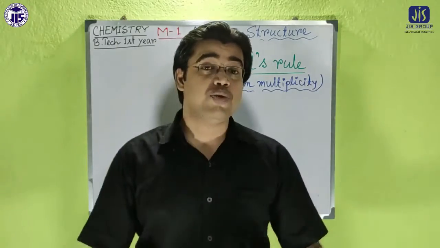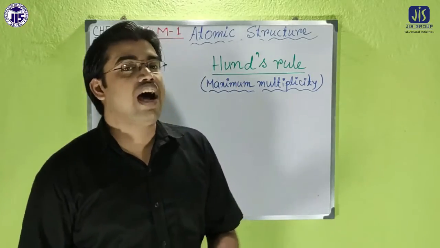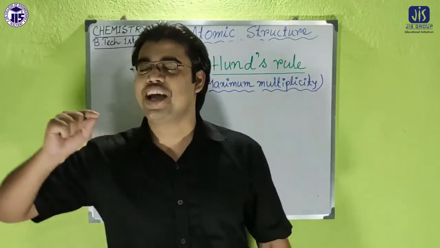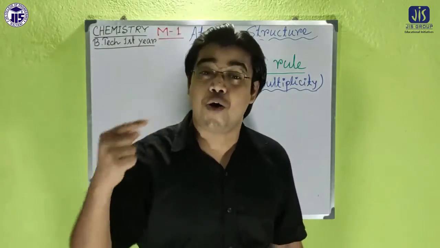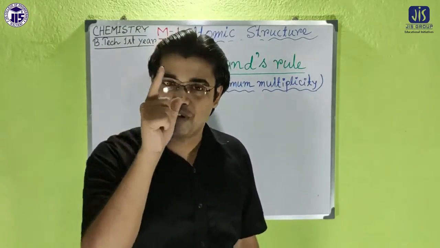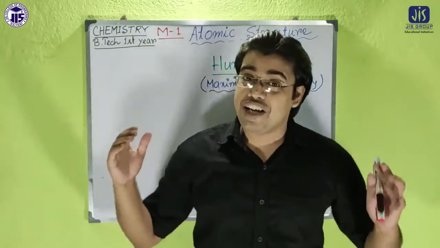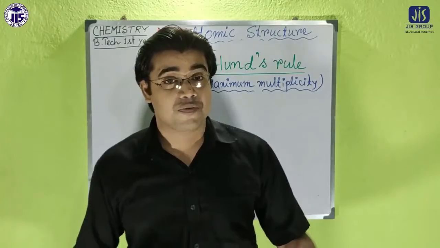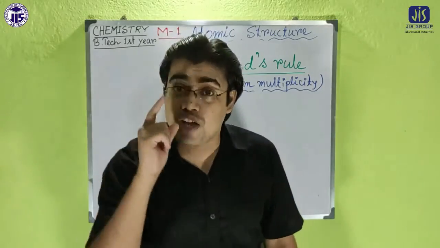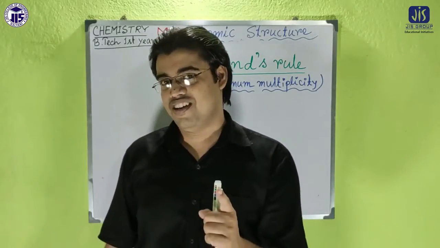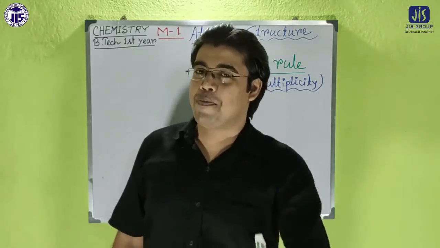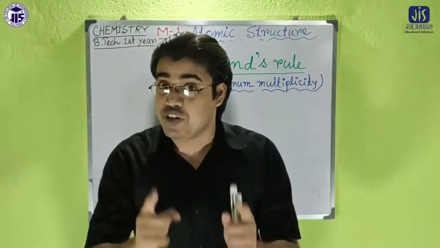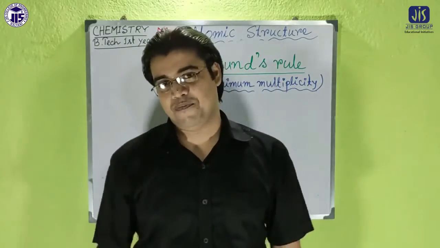If their energy is equal, then Hund's rule helps us put electrons one by one in all the orbitals of that subshell. According to Hund's rule, pairing of electrons in the orbitals under the same subshell is only possible when all the orbitals of that subshell are singly occupied with parallel spin.